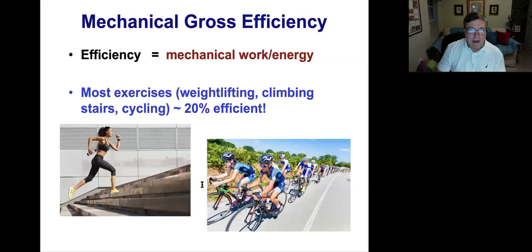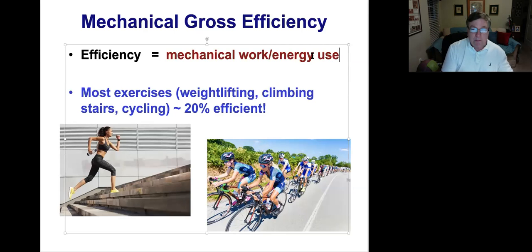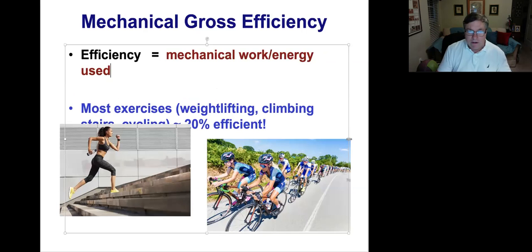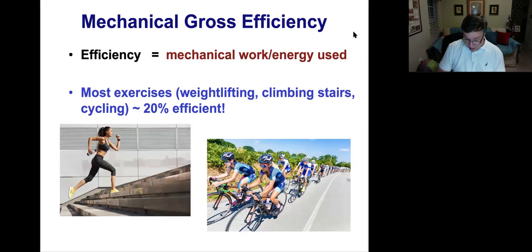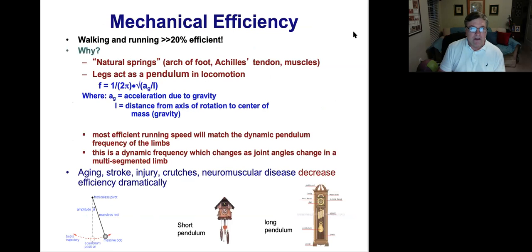So if we can reduce the energy used for a given amount of mechanical work, which means our running speed and how far we're moving our body for running a mile or two, that will increase the efficiency and allow us to have better endurance.